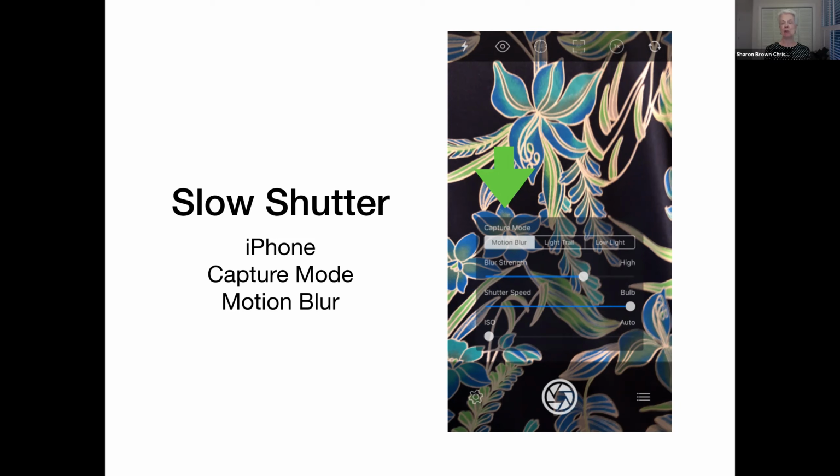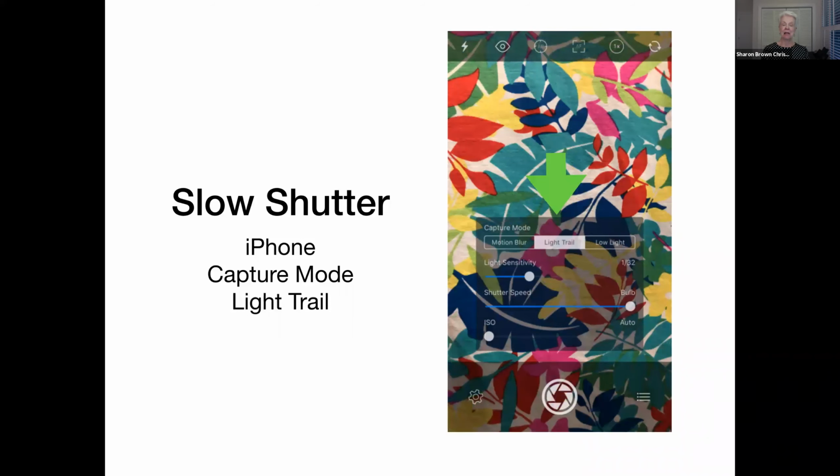On shutter speed, you can either set a specific shutter speed, or I often put it on bulb, which means the shutter will be open as long as you hold the camera release button down. When you let it go, the exposure stops. Another capture mode is light trail.